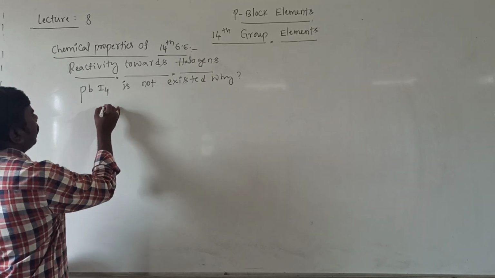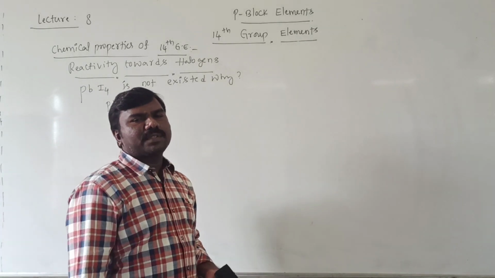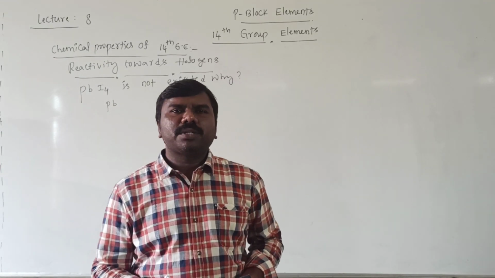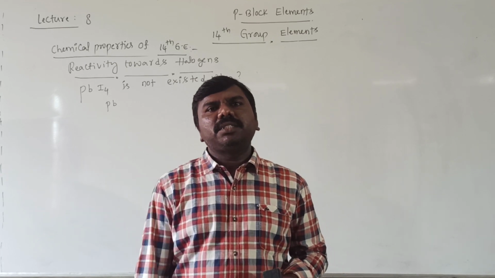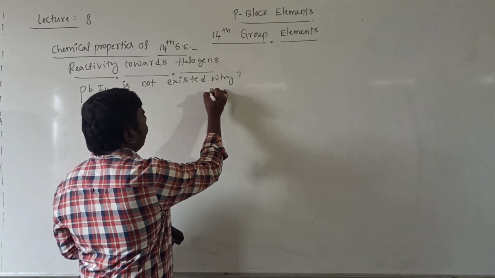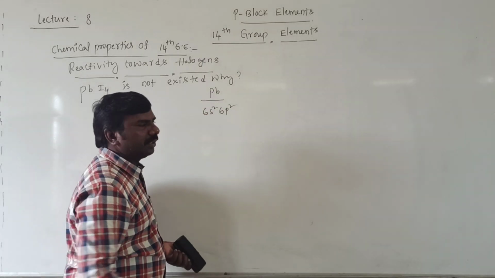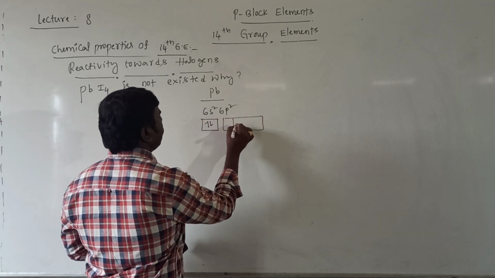PbI4 means when Pb and iodine interact with each other, they form Pb-I bonds. During the formation of a bond, some amount of energy is released. That energy is useful since lead's last shell configuration is 6s2 6p2. S contains 2 electrons, P contains 2 electrons.